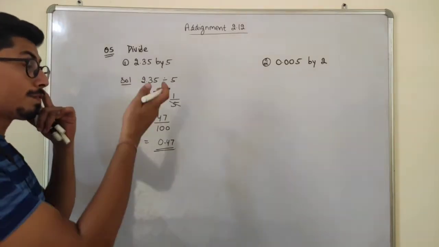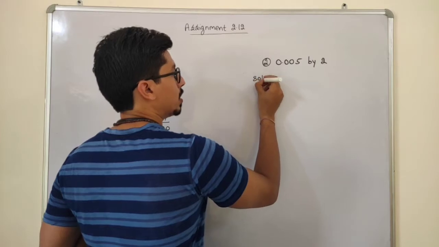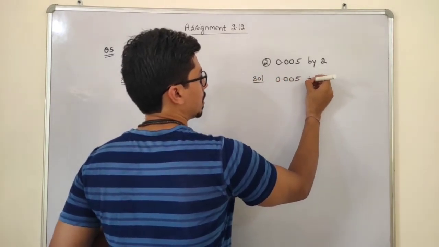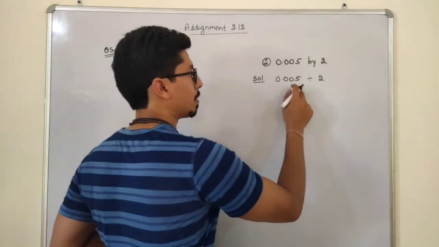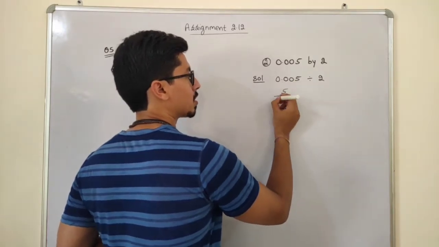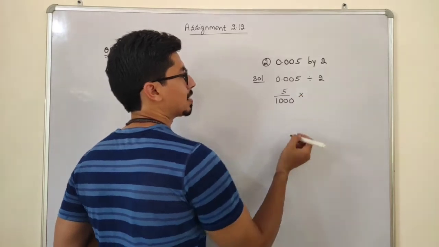Okay. Now moving forward to our second part of it. Student, we have to divide 0.005 by 2. We have to divide these two numbers. So student, this number can be written as 5 as it is. After decimal there are 3 digits. So 1 and 3 zeros. Multiply sign.